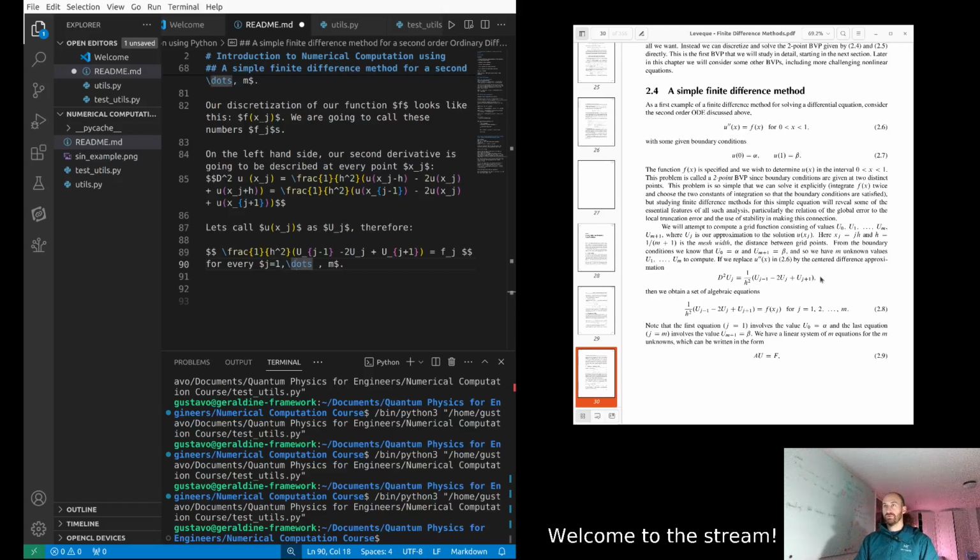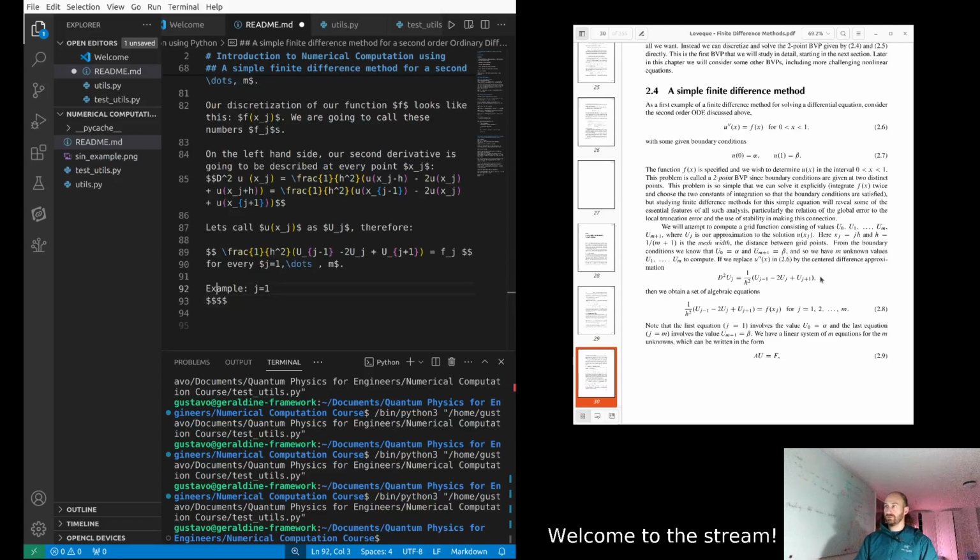Now, what is important here is that we notice the values involved. Let's do it for j equal 1. What is happening at j equal 1?